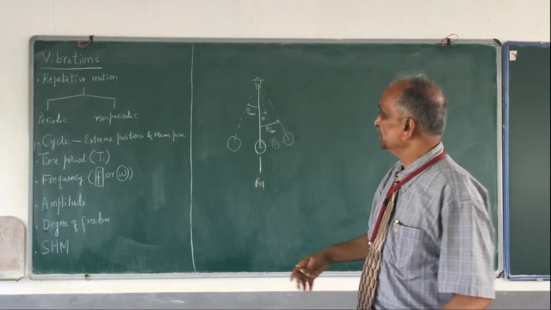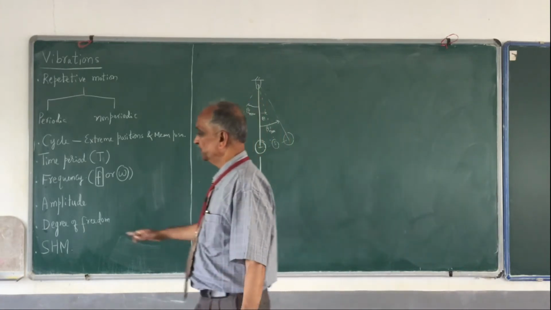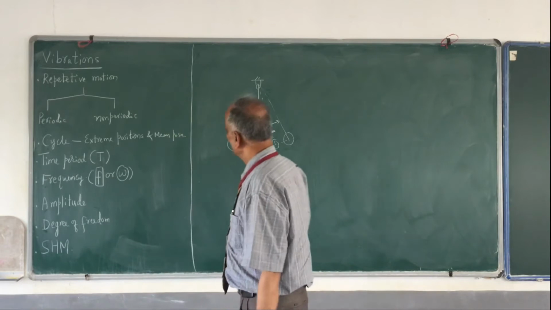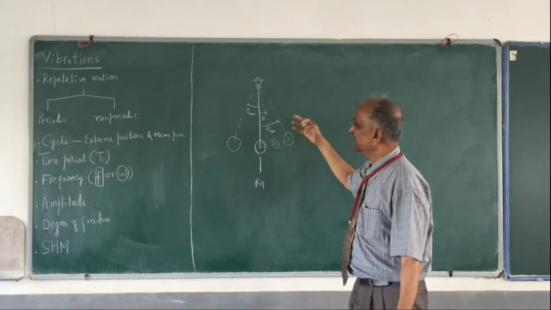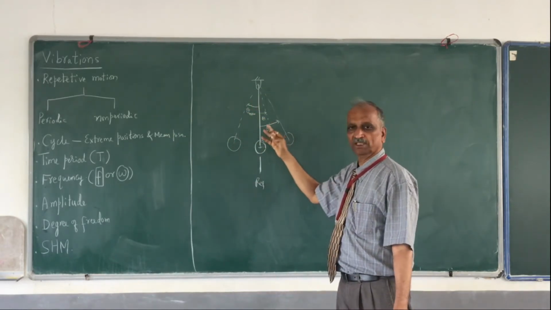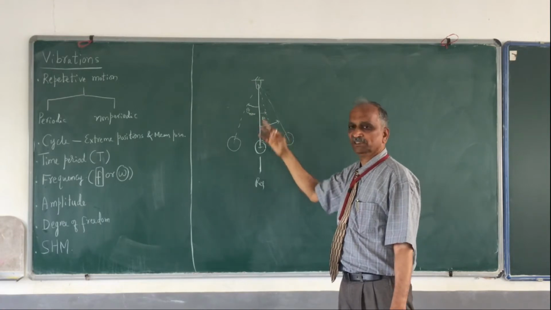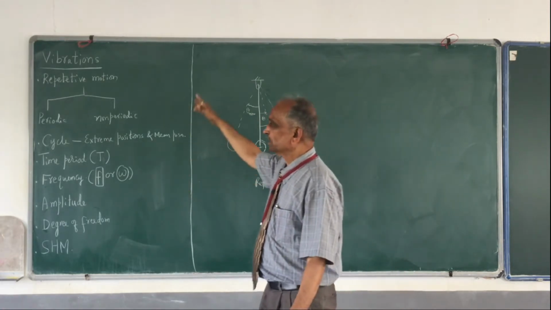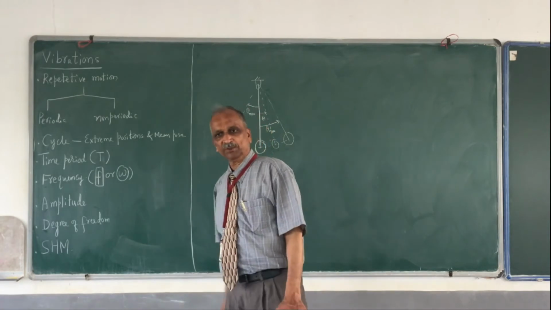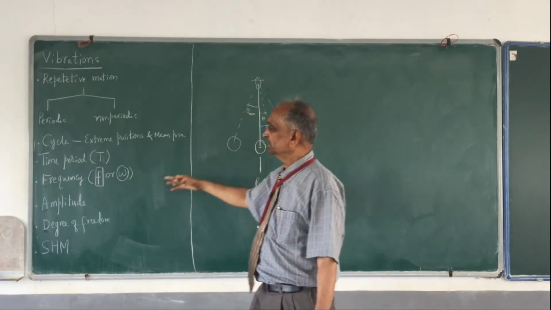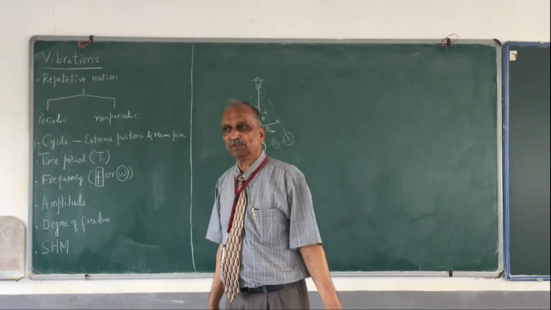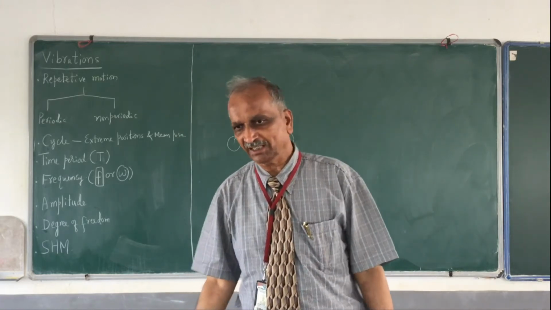Amplitude is never negative, it is always positive only. If you have angular displacement, the amplitude is in terms of the angle, which may be in degrees or radians. And if you are talking about linear vibrations like a spring mass system, the amplitude is going to be so many millimeters, something like that.